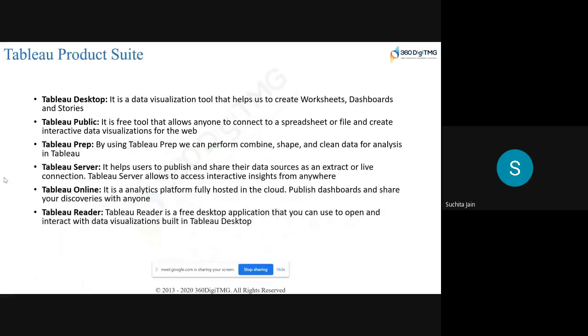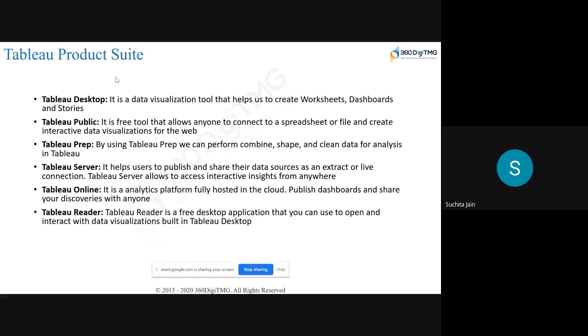Understanding different Tableau products. We have Tableau Desktop, which is the paid version of Tableau. It is the authoring tool to create charts, maps, plots, and views.